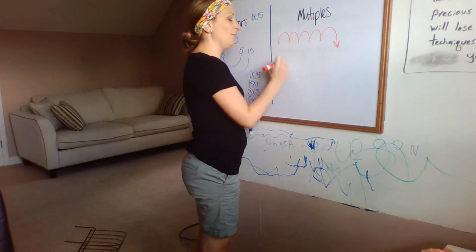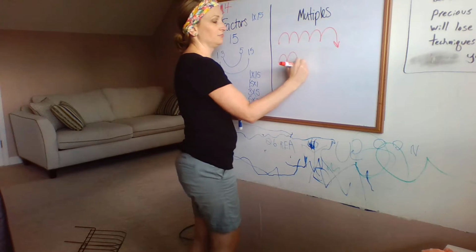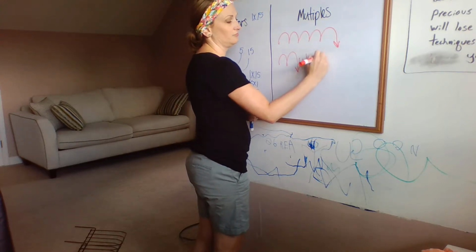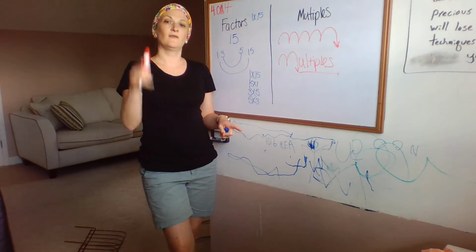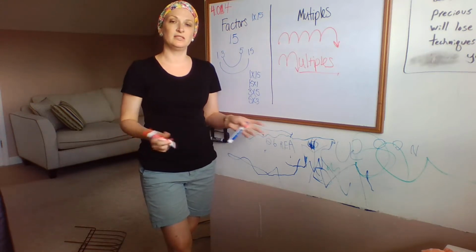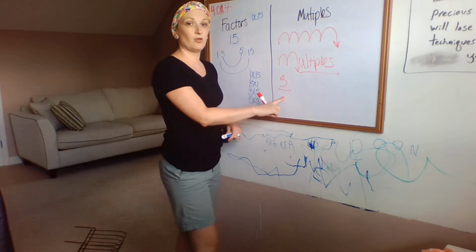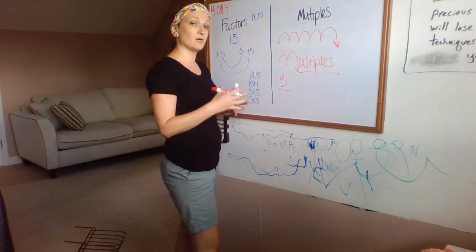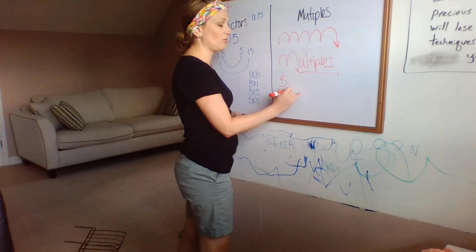When we look at the M in multiples, and we drop like that, it kind of helps us remember that we're skip counting. So if I'm listing the first 5 multiples of 3, we always start with that number itself. So our first multiple would be 3.